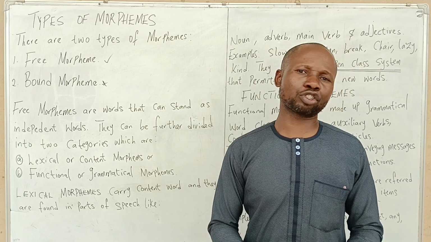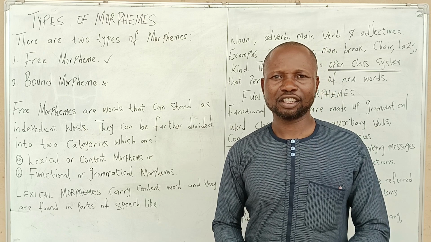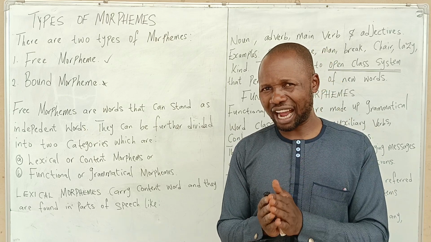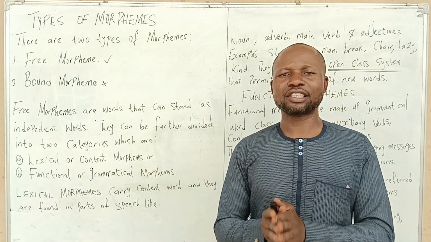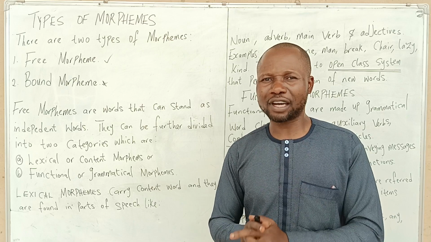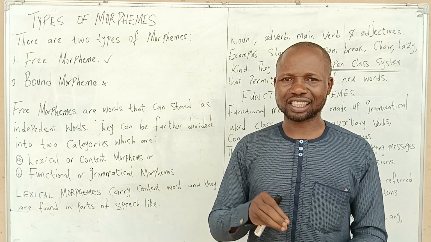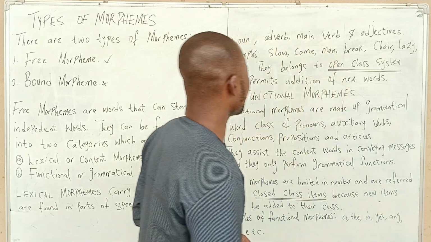Some people say parts of speech are 7, but I normally say they are 8. So content morphemes are found in some parts of speech. And these parts of speech that they are found in are the open class. Let's get there without taking much time.